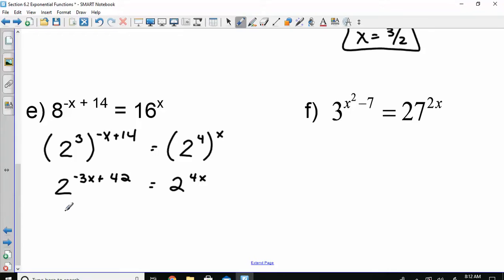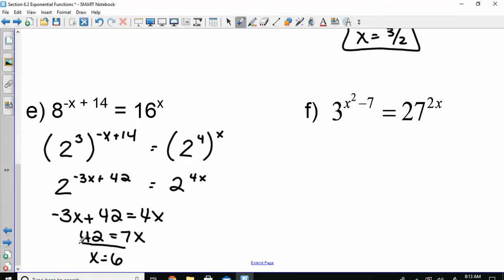Yep. Now we have the same base on each side, so exponents equal to one another. So if I add over my 3x, divide by 7, and we get 6. And again, you can always check these just by plugging it back in. So sometimes you might have to change both sides, not just one.